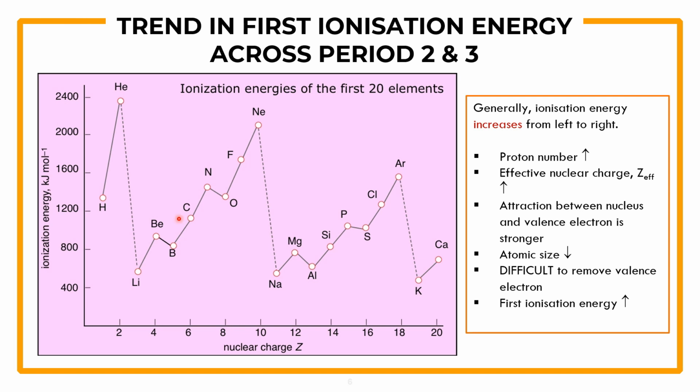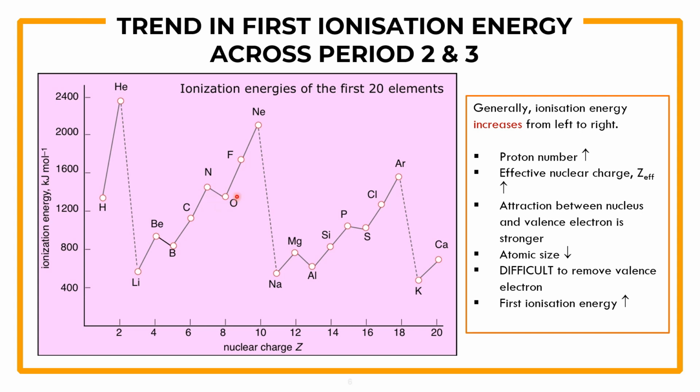But now, why does the ionization energy of this boron is lower than the beryllium? And you can ask the same question between nitrogen and oxygen. Oxygen is the element in group 16 and nitrogen is the element in group 15. So across the period, we should expect the ionization energy of oxygen should be higher than the nitrogen because the proton number of oxygen is higher and the atomic size of oxygen is smaller than the nitrogen.